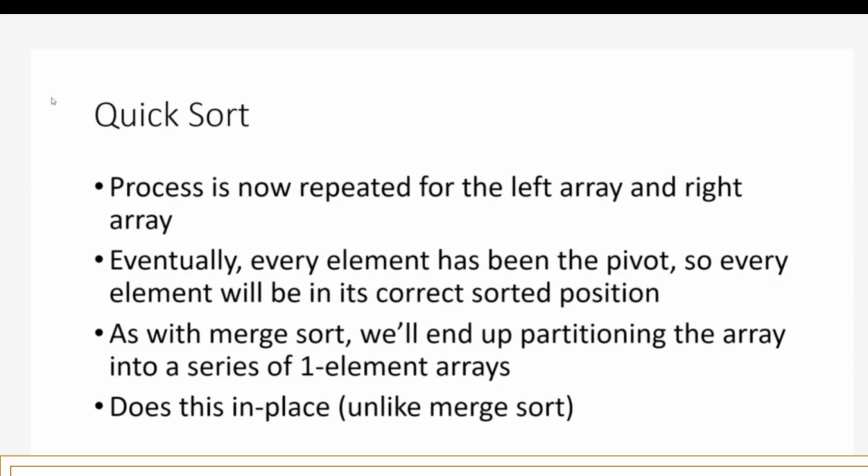So if every element to the left of the pivot is smaller than the pivot, and every element to the right of the pivot is greater than the pivot, what that implies is that the pivot element is at its sorted right position. So every element will be a pivot element and will be at its correct position at the end of this implementation of Quicksort.